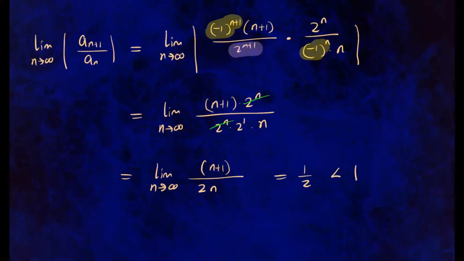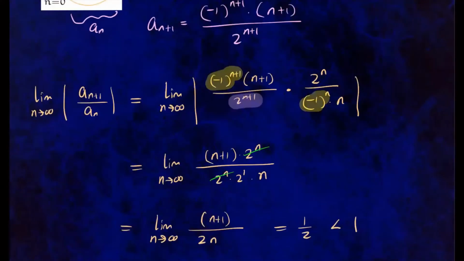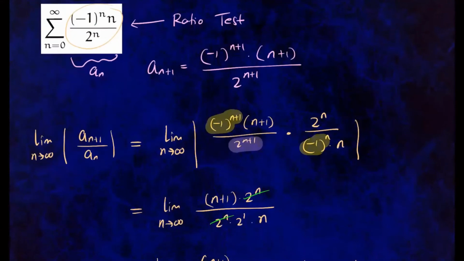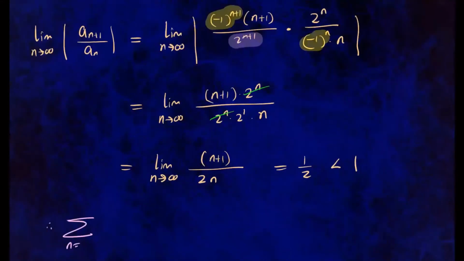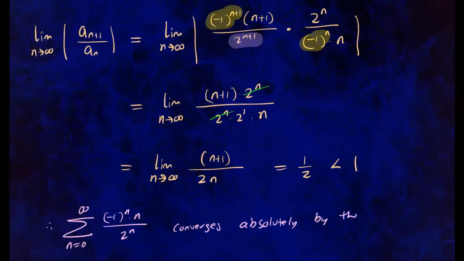So therefore, we can say that the series that we're looking at, the sum from n equals 0 to infinity of negative 1 to the n times n over 2 to the n, converges absolutely by the ratio test. All right, so another example of ratio test.